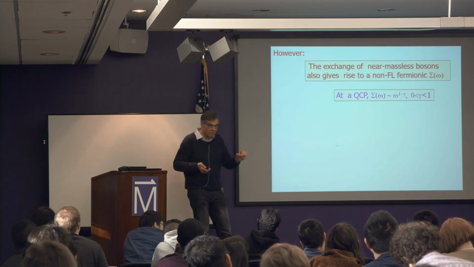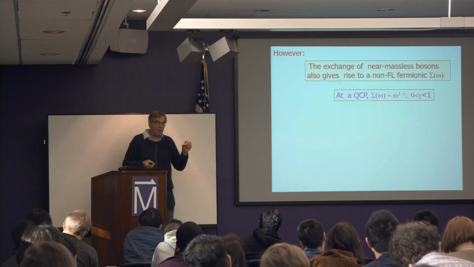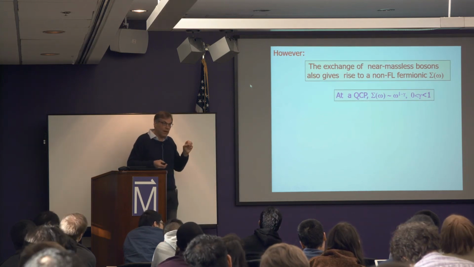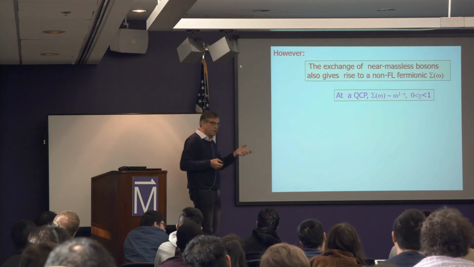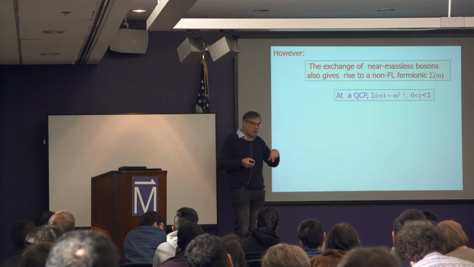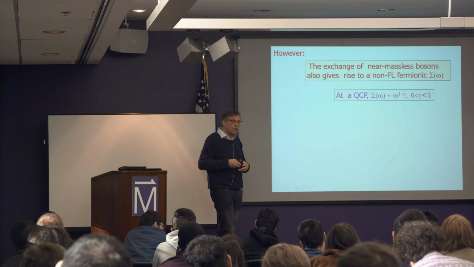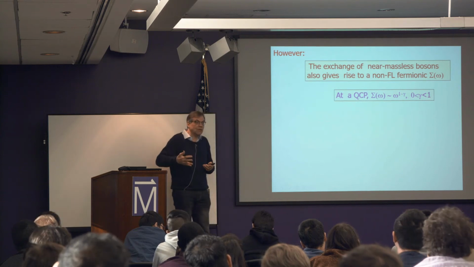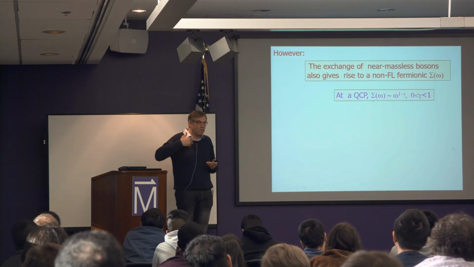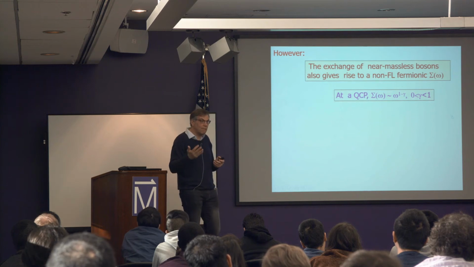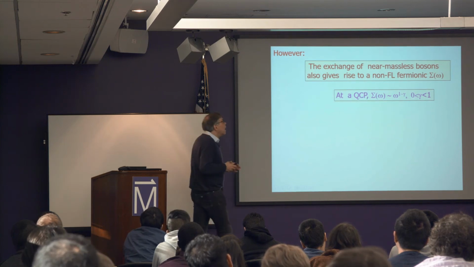Because if you take any function with a frequency power smaller than 1 and ask about its real and imaginary parts by Kramers-Kronig, they are of the same order. So the standard assumption of Fermi liquids, that low-energy fermions have parametrically small damping, doesn't work.